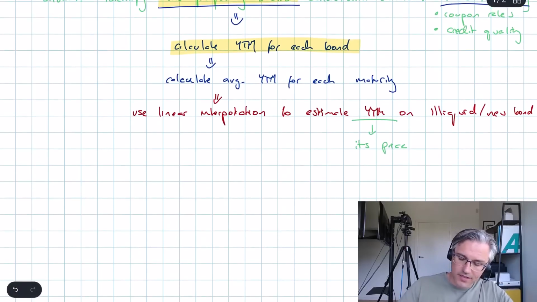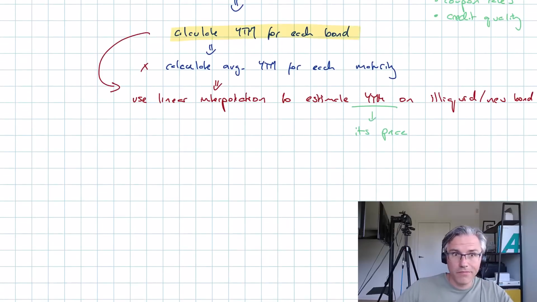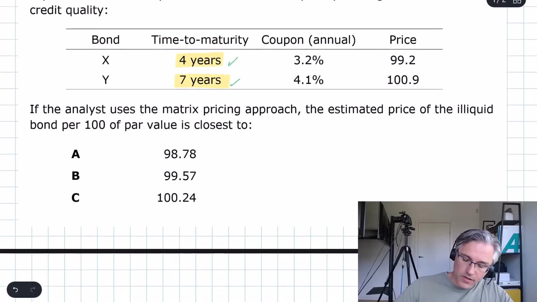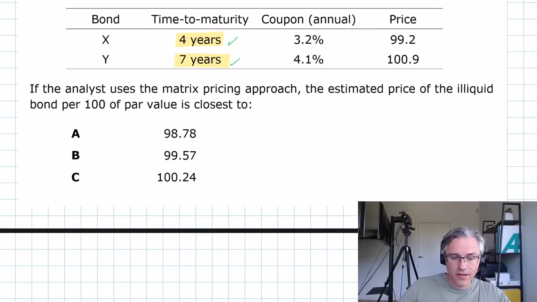So this step will in fact be omitted, and we'll jump straight to the linear interpolation bit. Okay, so we've got bond X and bond Y. Let's use the data over here to do the relevant computations.